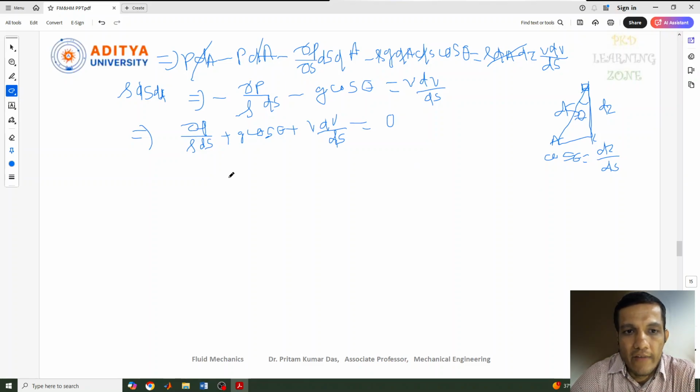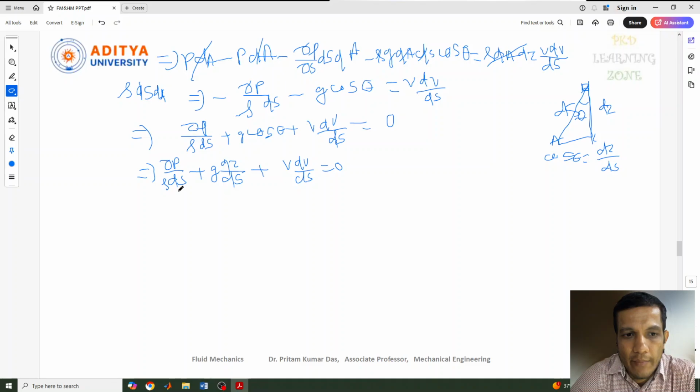So in the value of cos theta, I can put dz by ds. That will give you the equation: plus g dz by ds plus v dv by ds equal to 0.